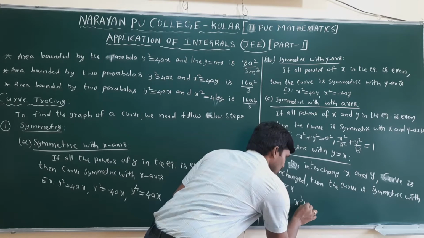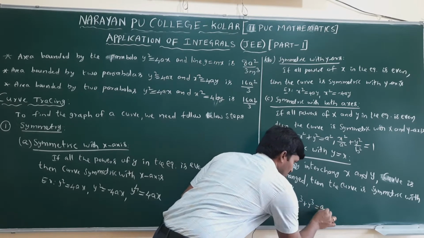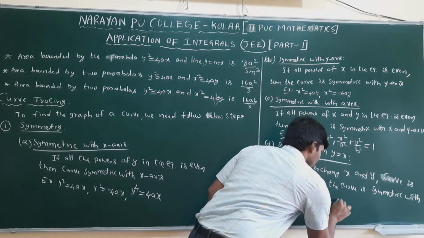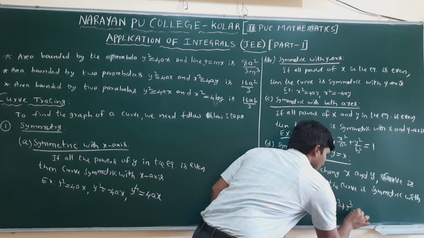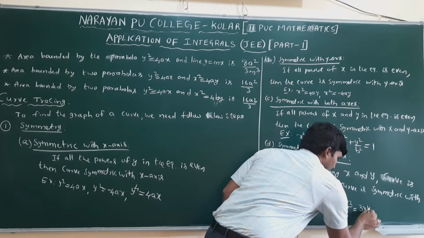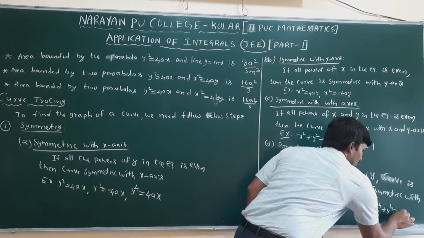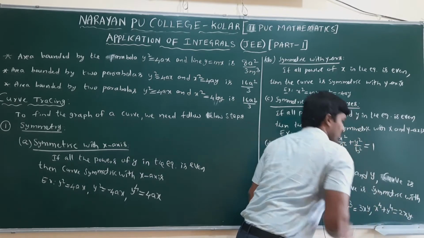Example, I will take x cube plus y cube equal to a square, or x cube plus y cube equal to 3xy, or x power 4 plus y power 4 equal to 2xy.